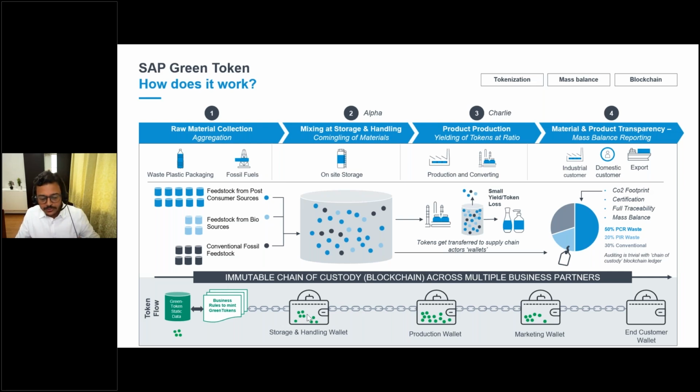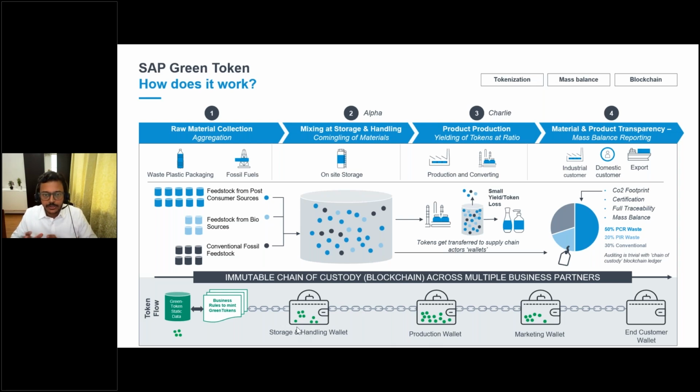And this is what is happening from a business process perspective. But on the blockchain, what happens is each time an inbound transaction is created, a token is minted or generated. If the inbound happened from a customer who is also on Green Token, then the tokens would simply be transferred instead of generating new tokens. Within the blockchain, there are different wallets. You have a storage and handling wallet that keeps track of all your inbound stock.